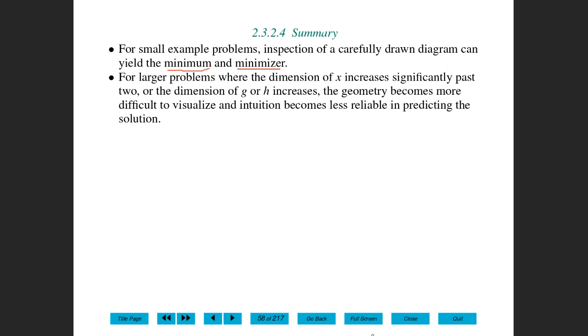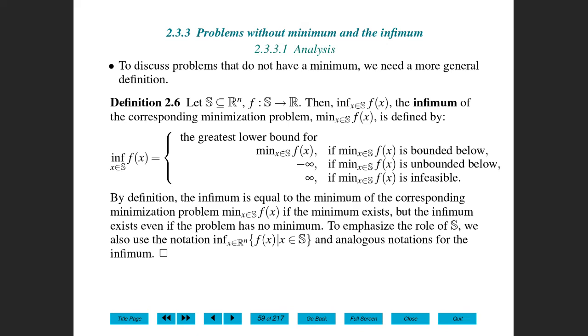But in the big data era, we can easily get hundreds and thousands and even millions of dimensions. So the next topic is slightly different, but it is obviously related to the minimum. And we have a different thing here, which we call the infimum.